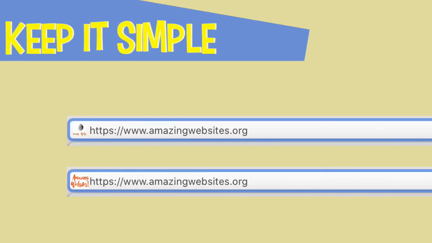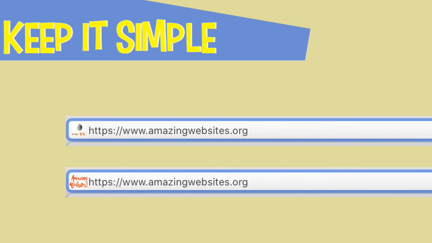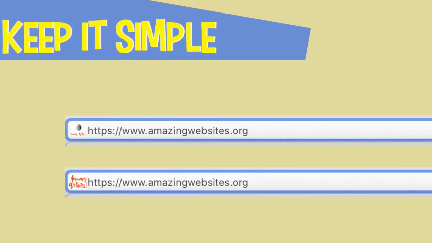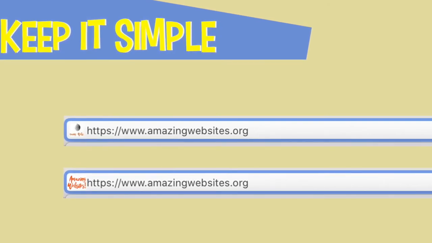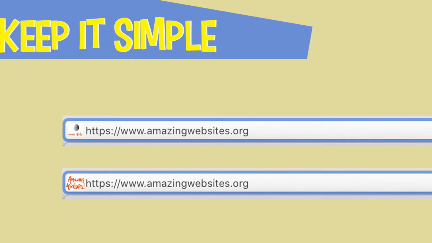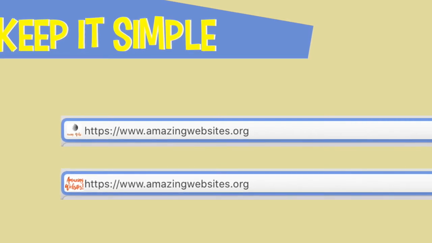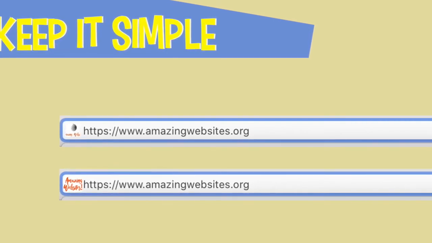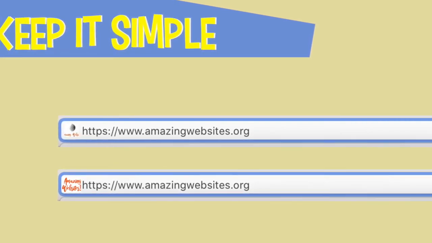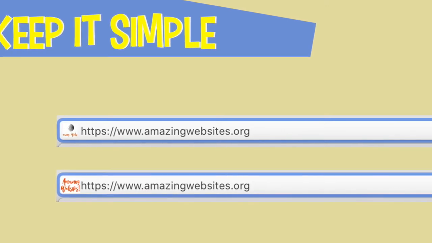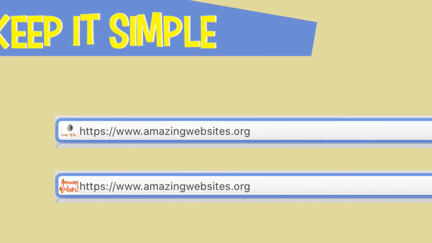The first favicon I had was my logo, and as you can see, I lost clarity when it was resized, but more importantly, I lost the first part of amazing and the end of websites. So I had something that was like zing web, which doesn't work.